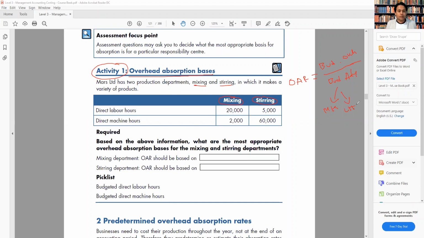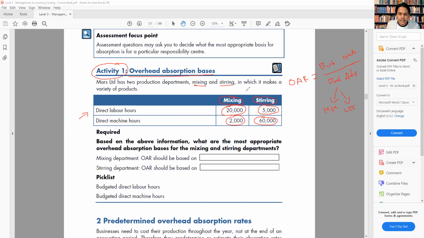Let's try this example. We can see here it says direct labor hour. So we have two departments, mixing and string. In direct labor hour, we need 20,000 labor hours for mixing and 5,000 for string. For machine hours, we need 2,000 machine hours for mixing, and for string 60,000.